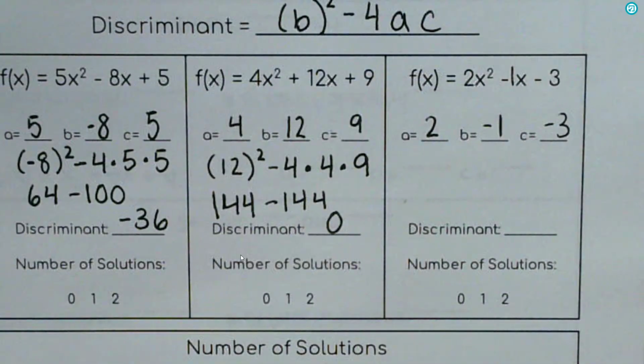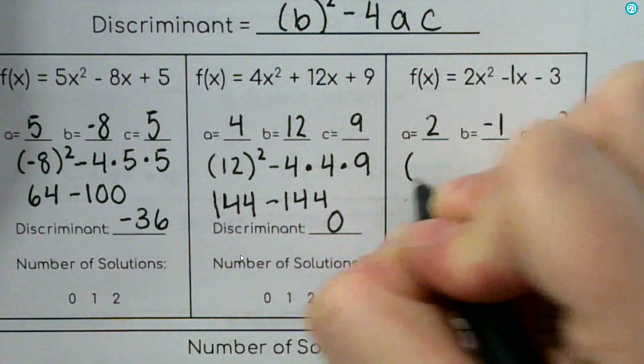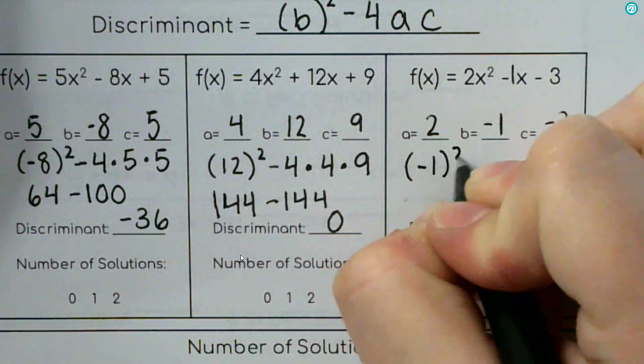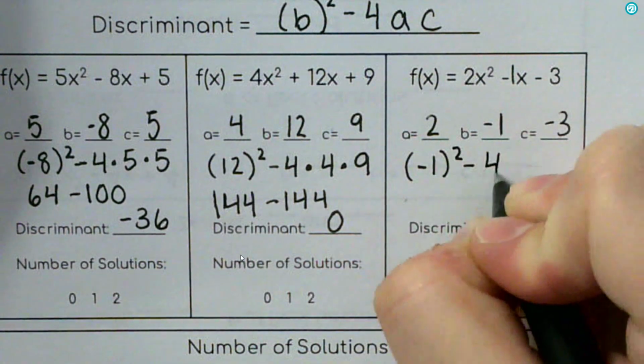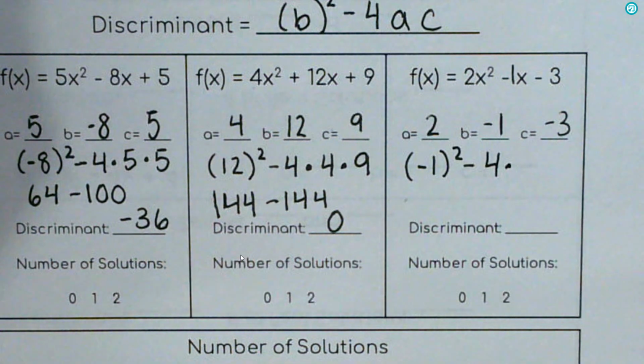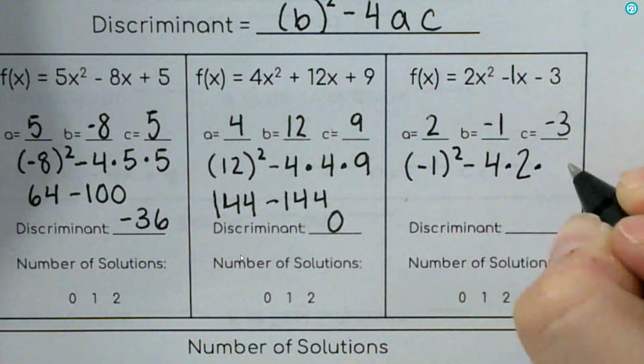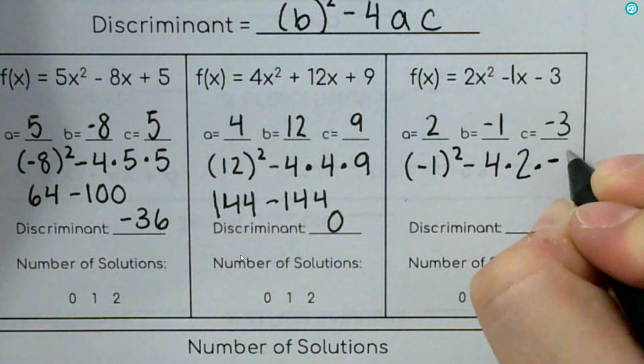Plugging into the same formula we've been plugging in this entire time: b squared, so negative 1 squared, minus 4 times my a value, 2, times my c value, negative 3.